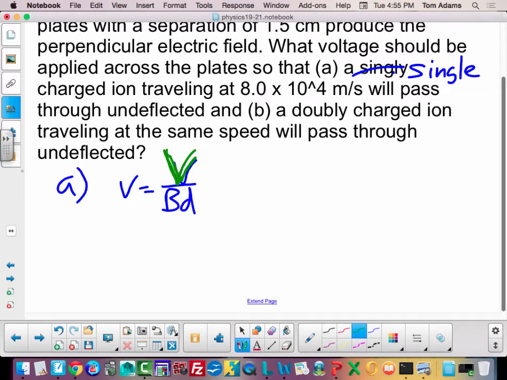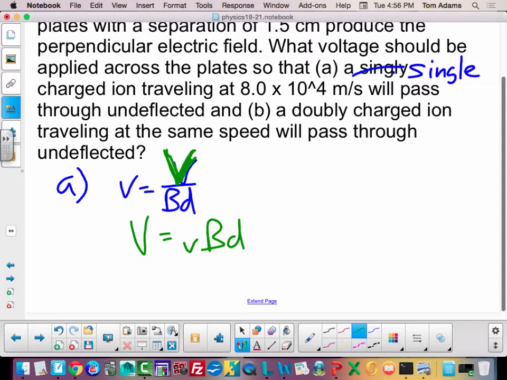So the green V is voltage, and the little v is velocity. To solve for the big one, I just get voltage is equal to little v times B times D. So the voltage is equal to the velocity times the magnitude of the magnetic field times the distance.